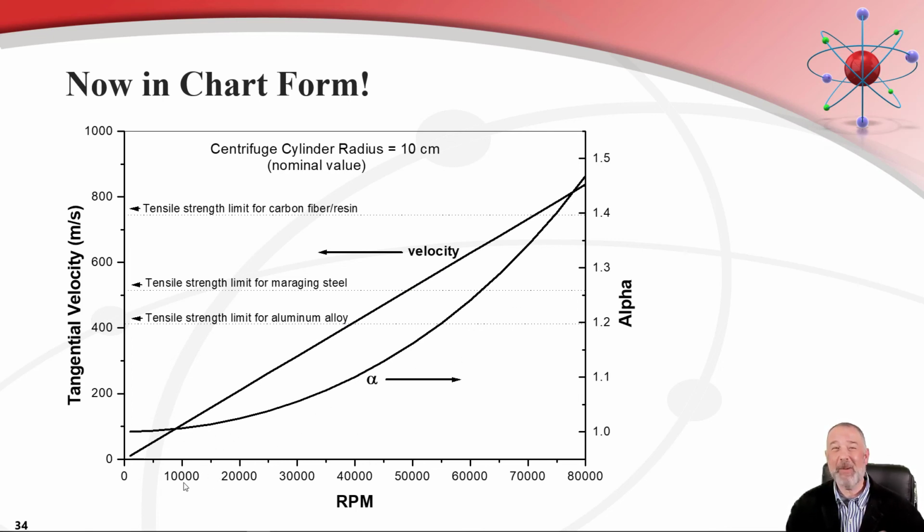So when we talk about RPMs of a gaseous centrifuge, we're starting down here at 10,000 and just moving up from there. As we increase in RPM, we see very little gains at the bottom. But as we start to really ramp up that speed, 40,000, 50,000, 60,000 RPMs, we start going from 1 to 1.1 separation all the way up here at 80,000 RPM to almost a 1.5.